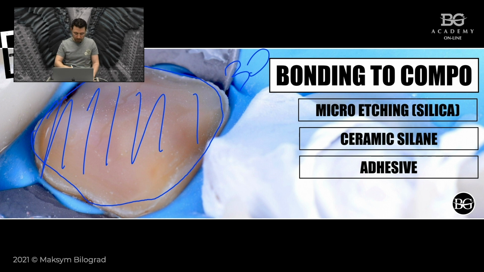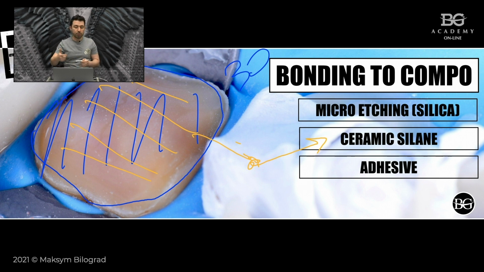Then you apply, let's say this is our silane. Okay, so that is our silane. We apply silane just on the composite surface. Then you can wait till it evaporates, or you can accelerate the process of the chemical reaction by utilizing a light curing lamp.